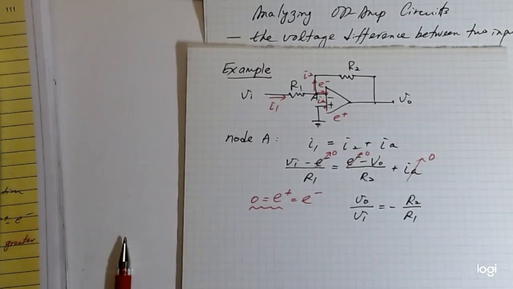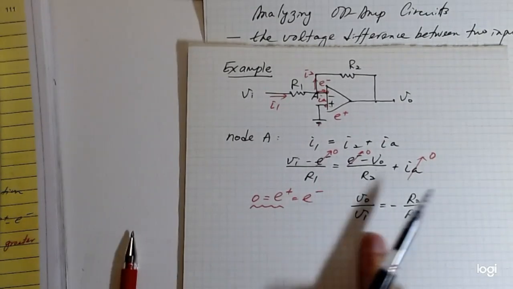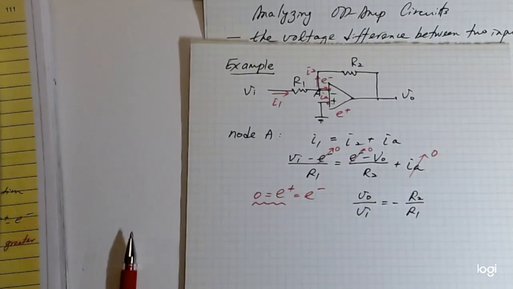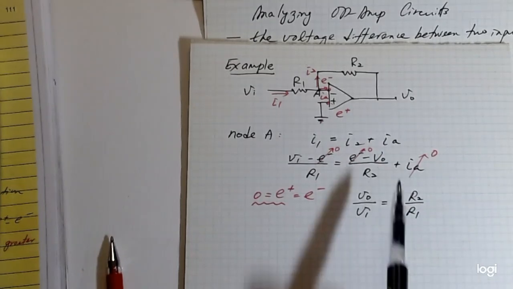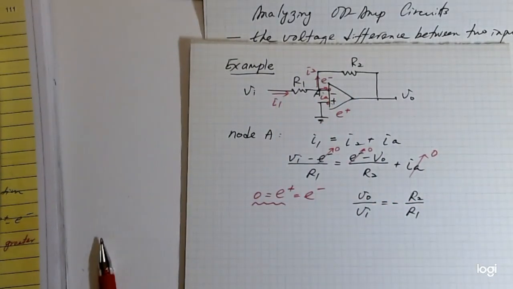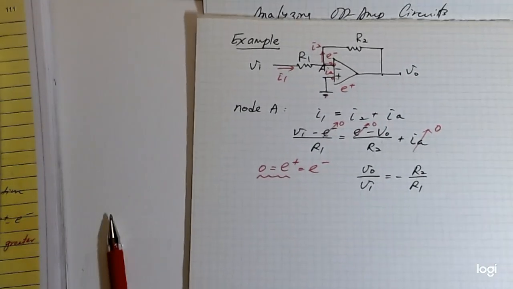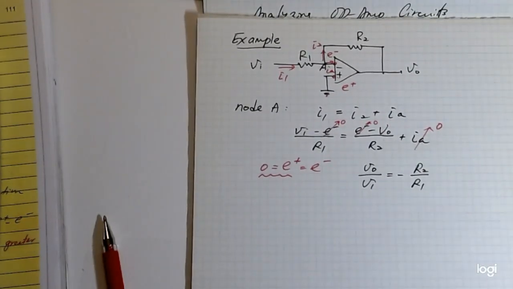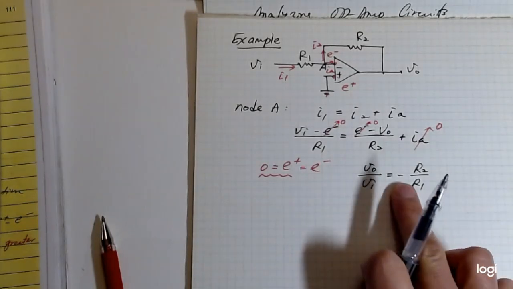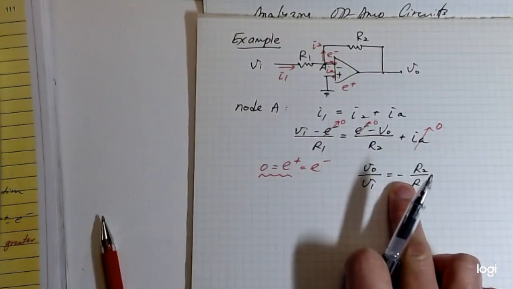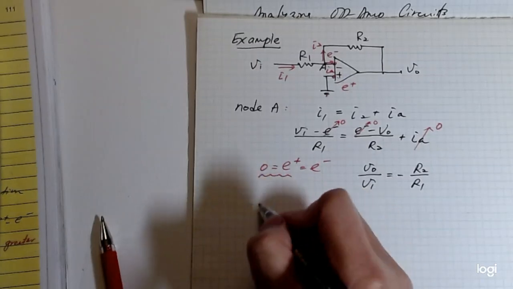Okay, so this is a very useful circuit. What is this circuit for? Somebody might tell me that in the lab we said it's a simple gain, but there's a minus sign here. So yes, it could be a gain.